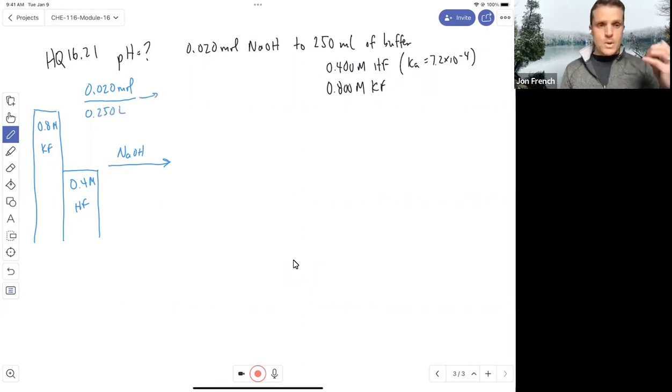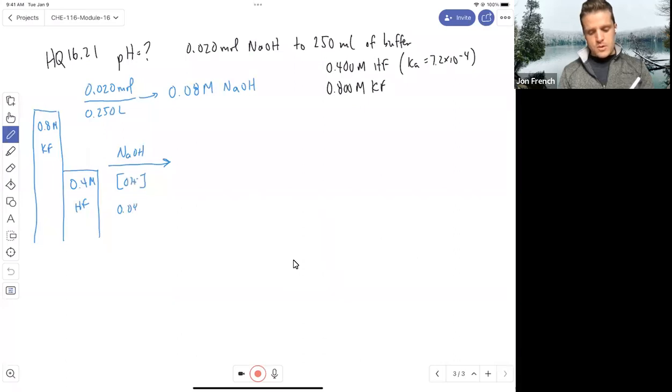We're looking for molarity, moles per liter, of our sodium hydroxide. So I get a 0.08 molar NaOH. NaOH is a strong base. So essentially we're adding 0.08 molar of a strong base to that solution.